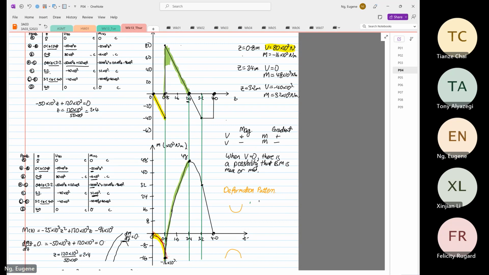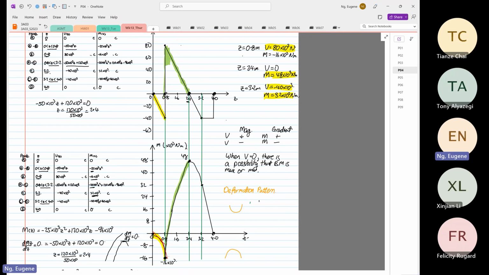So the first point is very obvious: maximum shear. The second point is maximum bending moment. The third point has a balancing effect of shear force and bending moment.